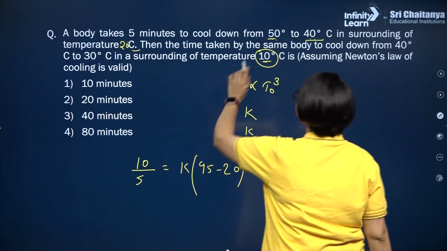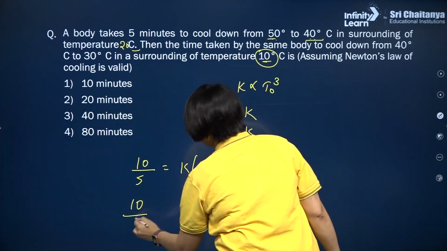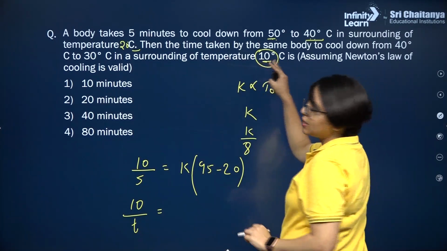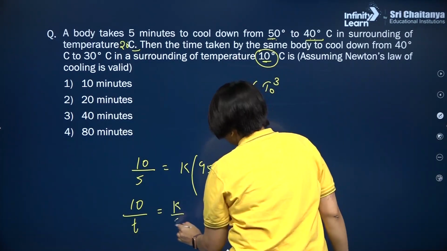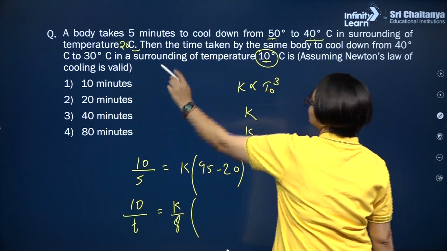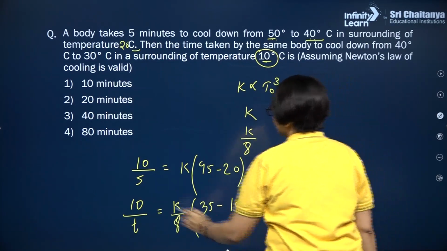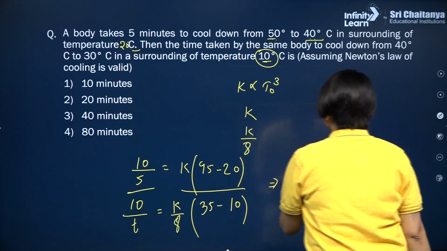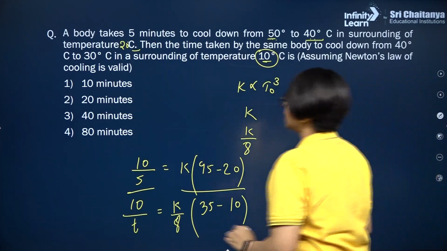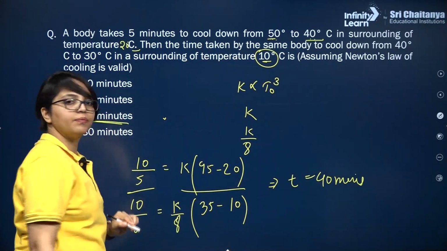In the second case, T2 minus T1 that is 40 minus 30, 10, divided by time taken t is equal to the new constant, which as the surrounding temperature is decreasing by 2 will be 1/8 of the previous one, times (35 minus 10). If you divide these two expressions, you will get the value of time as 40 minutes, right. So, the time taken to cool down is 40 minutes.